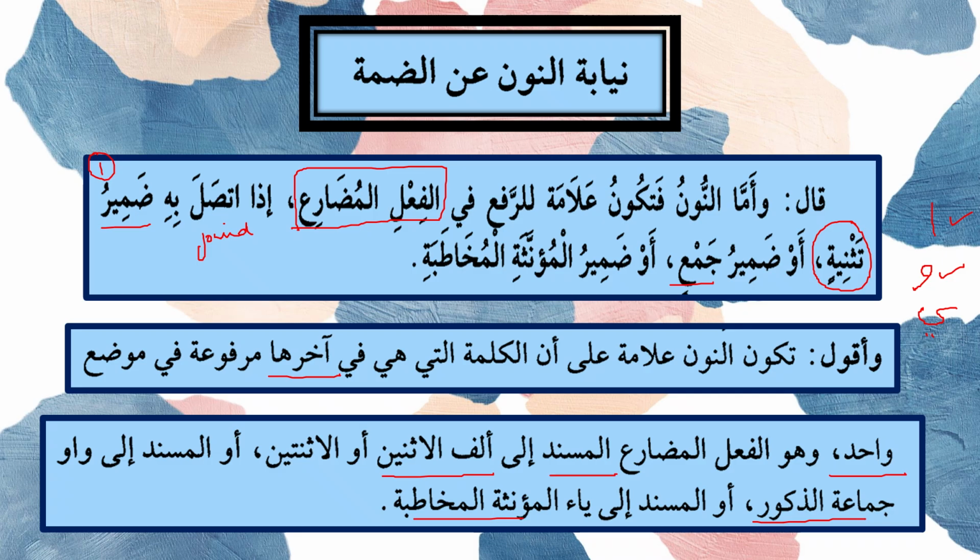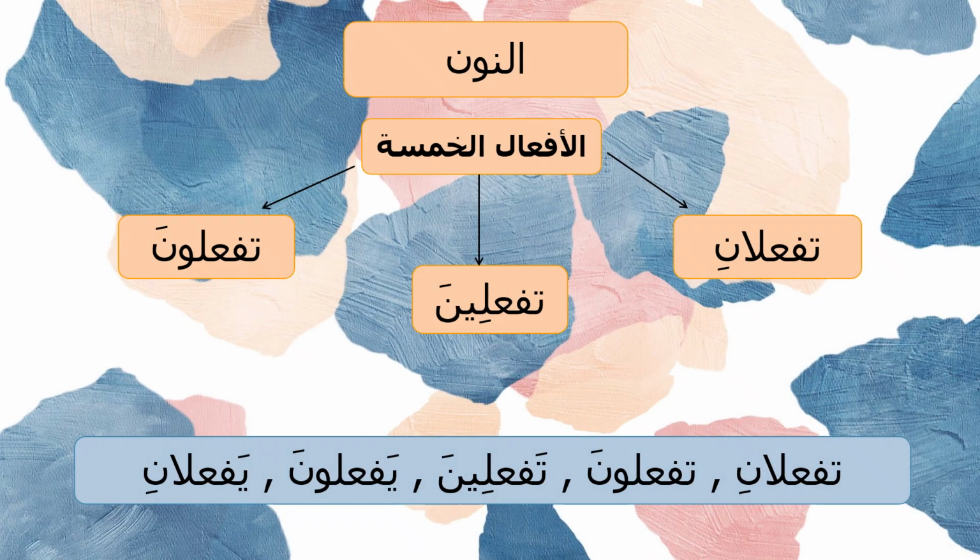So let's see the next slide where I have given you some examples so it will be easy to understand. So here you will see this special letter noon, where do we find this special letter noon? Only in the afalul khamsa, as I said earlier, and especially you will see it with the dual aliful ithnain.